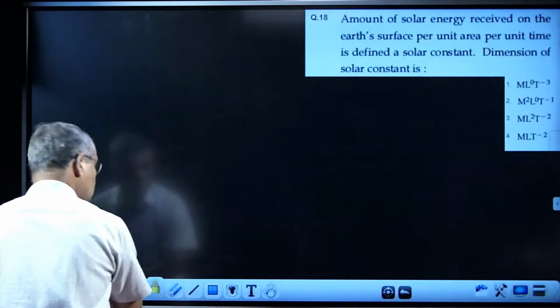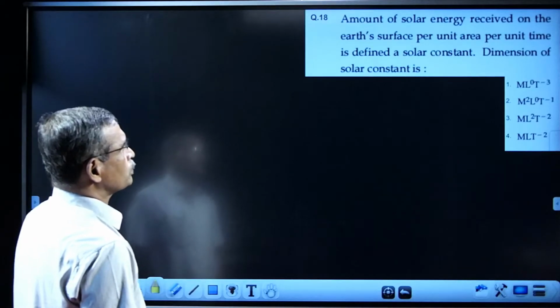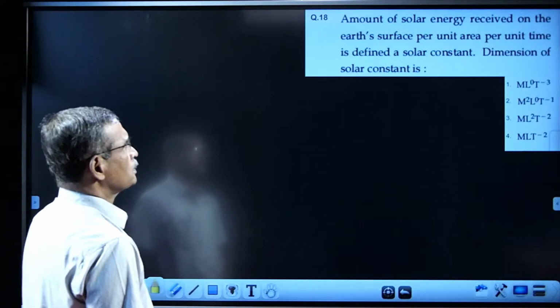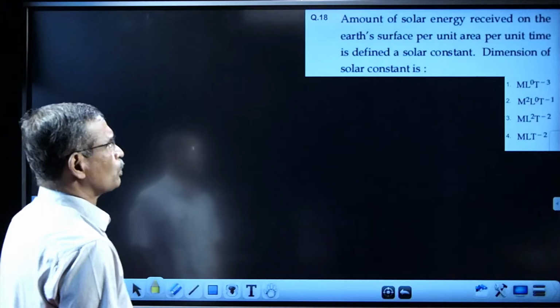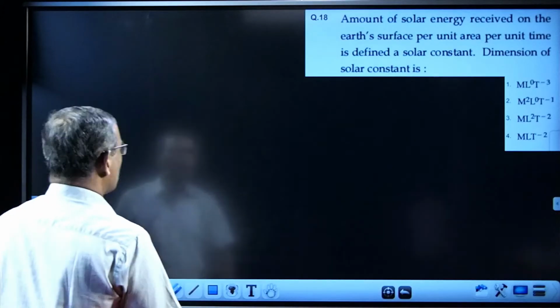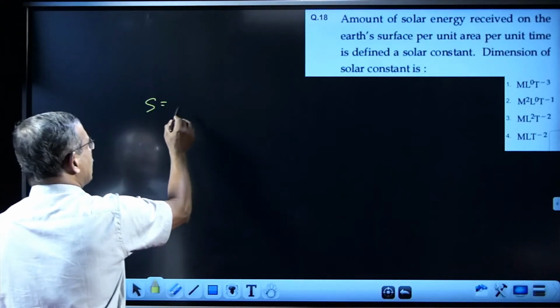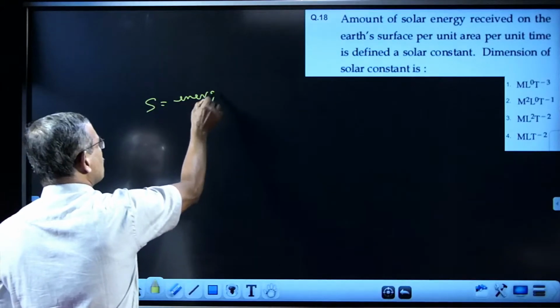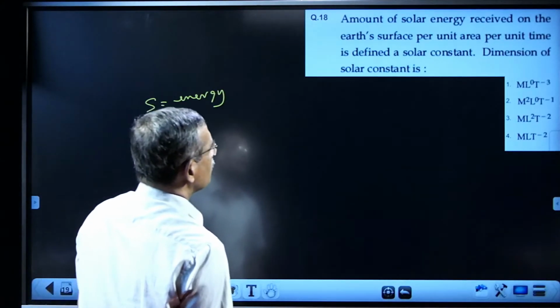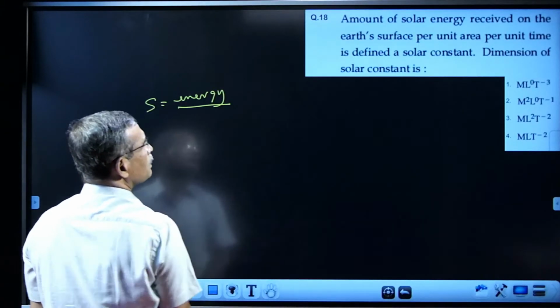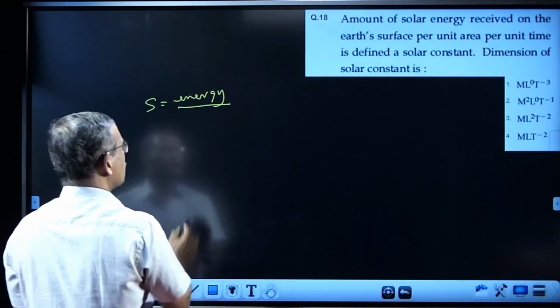The amount of solar energy received on Earth's surface per unit area per time is the solar constant. So the solar constant is energy per second per unit area.